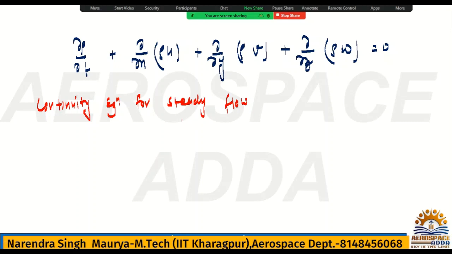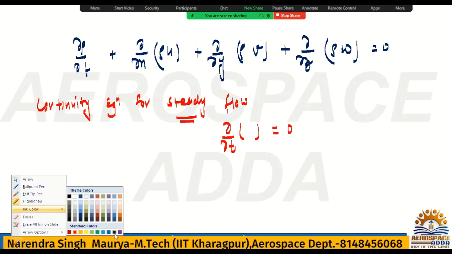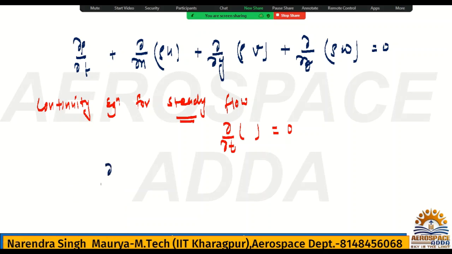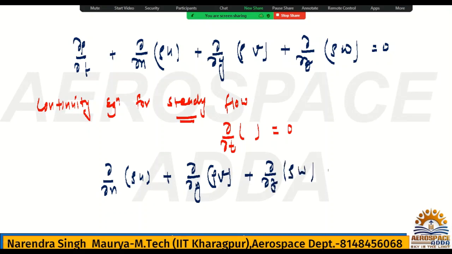Taking the derivative with respect to time of anything, it will be equal to 0. So here the dou rho by dou t part will be 0 for a steady flow. So what will be the continuity equation for steady flow? It will be dou by dou x of rho u plus dou by dou y of rho v. This is the continuity equation for steady flow. Yes or no?